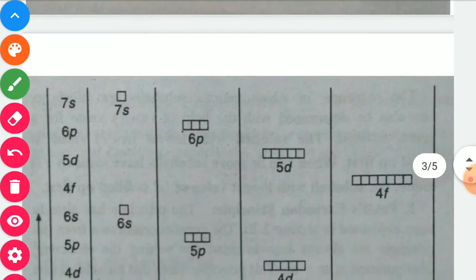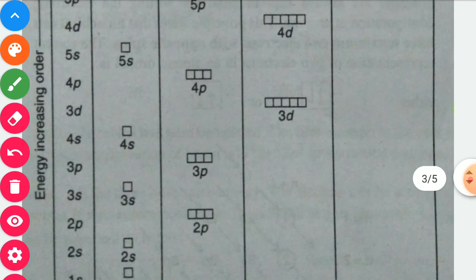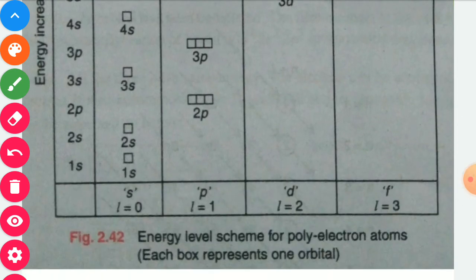So here in this diagram, see, on the y-axis the energy is given in increasing order, and on the x-axis the different values of the azimuthal quantum number, that is, l values, are taken.